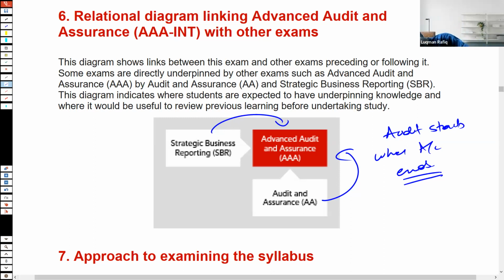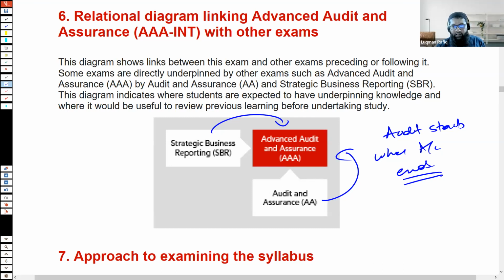A lot of the students who attempt AAA before they have attempted SBR, I always guide them that it's always advisable to go for the SBR first and then go for the AAA. Why is that so?